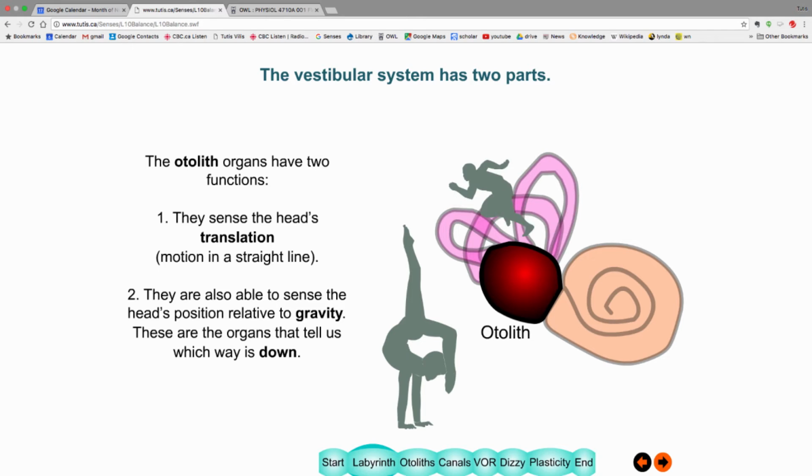This figure here is showing translation, so moving in a straight line, either forward, backwards, or up and down. And the other is gravity. So that's illustrated by this figure. So this person's head is upside down, but it's turned this way. And the person knows which way is down, so they can manage to balance themselves on their arms instead of their legs.